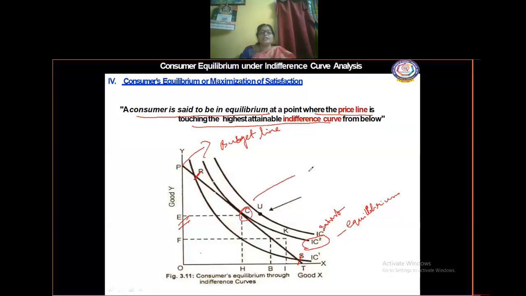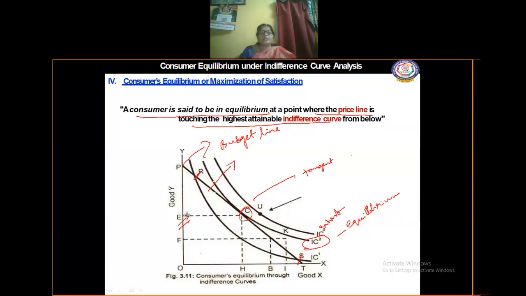At C, he gets the indifference curve tangent at a point where the price line is touching the IC curve. This is the price line. You know the price line is this, touching the curve.